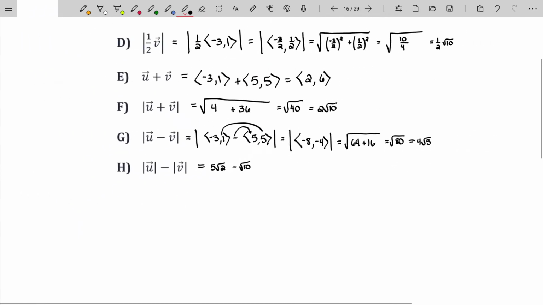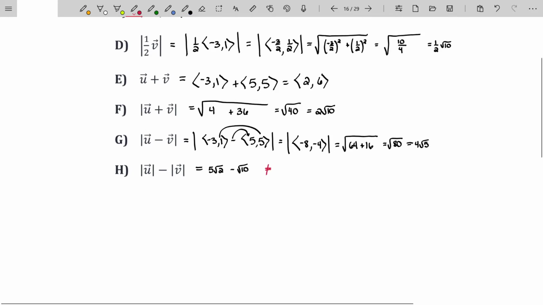Notice you cannot really add those two radicals up. And notice also, this is not equal to the magnitude of u minus v. That's critical to note. With addition and subtraction, those are really terrible operations, so you can't really break things across addition and subtraction. Specifically, you cannot break magnitudes across addition and subtraction. So the magnitude of u minus the magnitude of v is not the magnitude of u minus v.